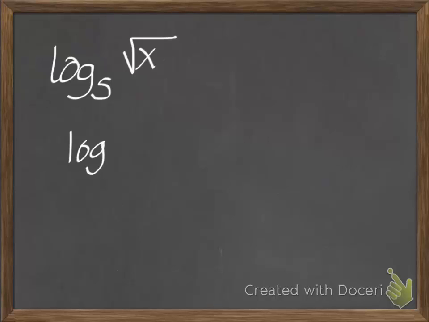Then we have just some more on that power rule I wanted to go over because this is one that throws people off a lot. Log base 5 of the square root of x. What is that the same as? X to what power? 1/2. So log base 5 of x to the 1/2. Remember, power over root. It's being raised to the first power. The root is 2.